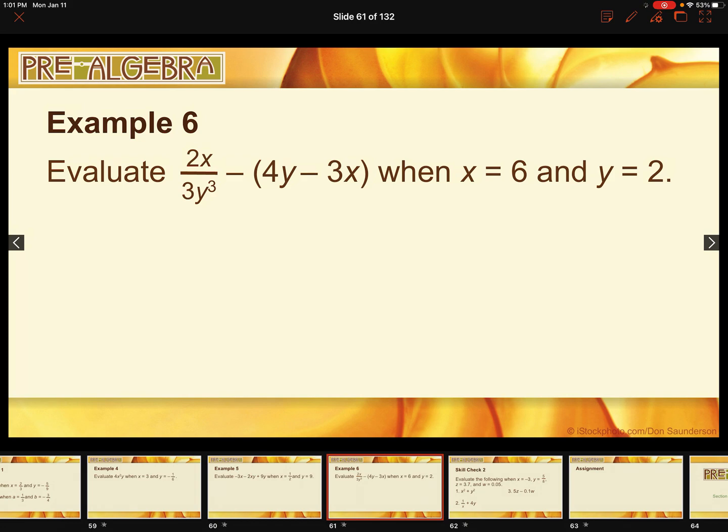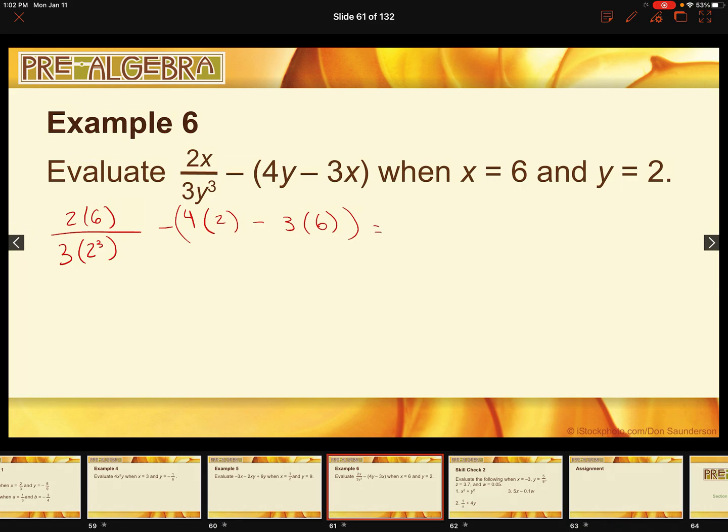All right, evaluate 2x divided by 3y cubed minus, in parentheses, 4y minus 3x, when x is 6 and y is 2. So plugging everything in, that would be 2 times 6 over 3 times 2 cubed minus 4 times 2 minus 3 times 6.